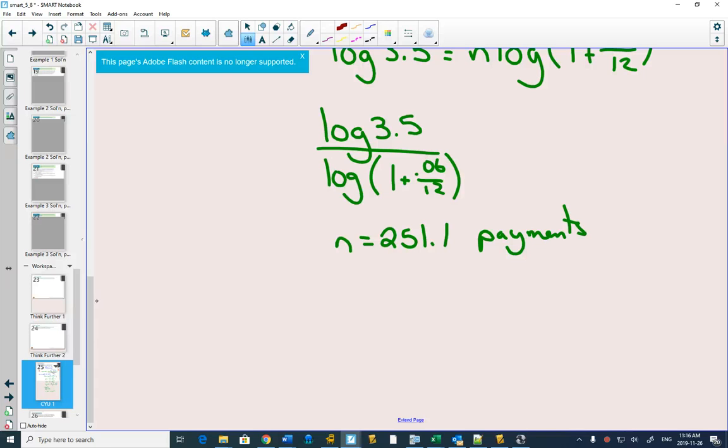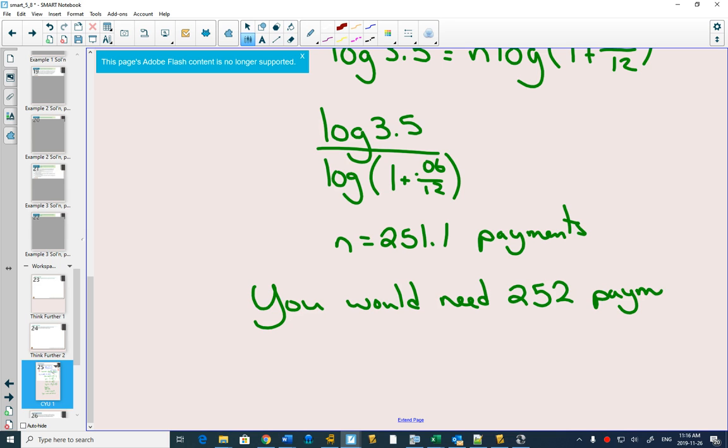So even though rounding-wise, if you were asked to round that number, you'd round down to 251, because it's closer to 251. But in this situation, 251 payments isn't enough. You would have to make that next payment, 252 payments, in order for it to be enough.